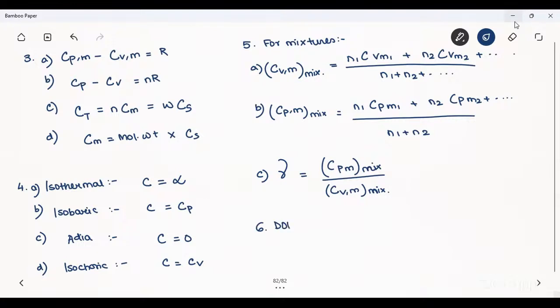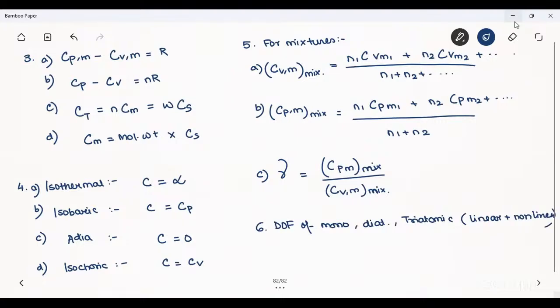Then we have calculated degree of freedom for monoatomic, diatomic, triatomic, linear, and non-linear. Right? We have done this. Okay.